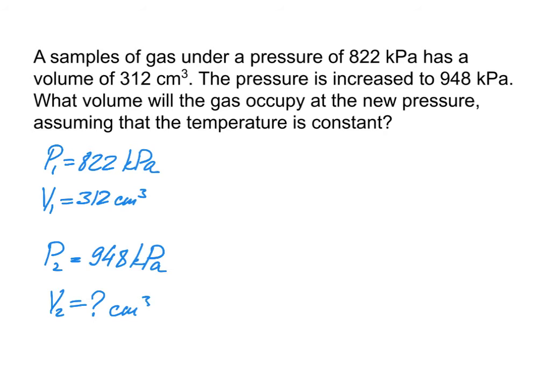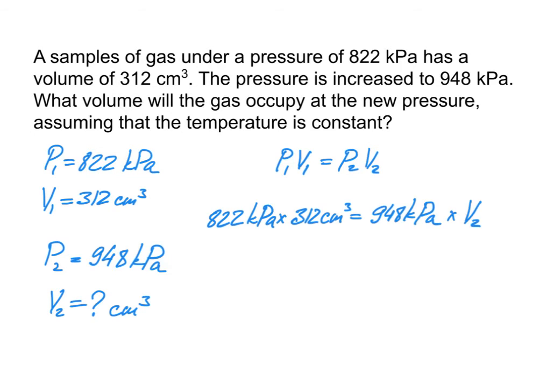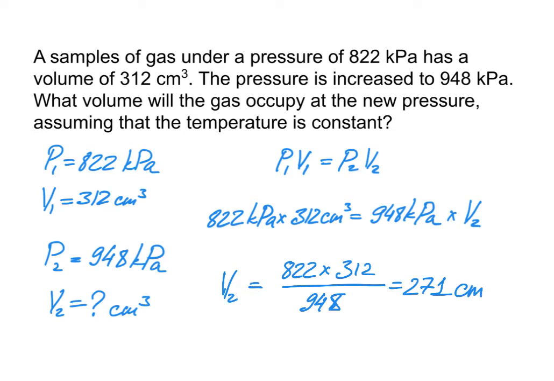Pressure is changed, and we see how this affects the volume of the gas. While pressure of the gas went up, we should expect the volume of the gas to go down from its original value. So let's plug in the numbers. We are solving this expression for new volume, V2, which comes out to be 271 centimeters cubed, smaller than the original volume.